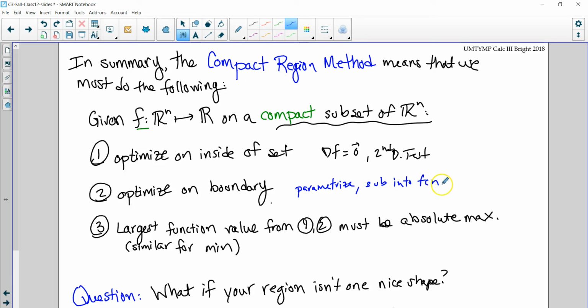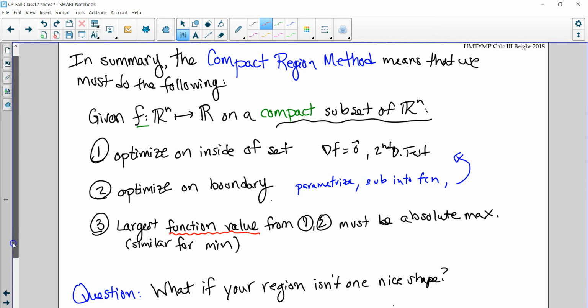And then do step 1 all over again with that new function. And then for step 3, we would look at the function values. I want to emphasize that, not the x or y, but what we get for the function. Then we say that the largest is the absolute max, and the smallest is the absolute min.